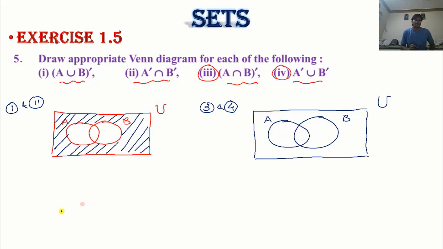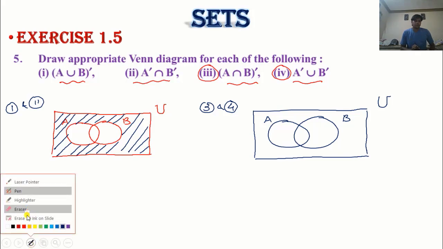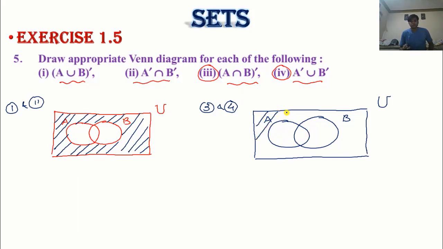I am going to highlight it with another color, with a dotted line. Outside A intersection B, so you get this region, which I am going to show with the shaded line.